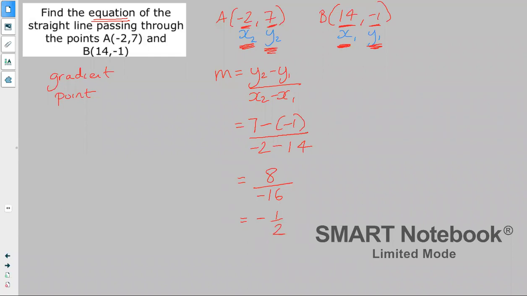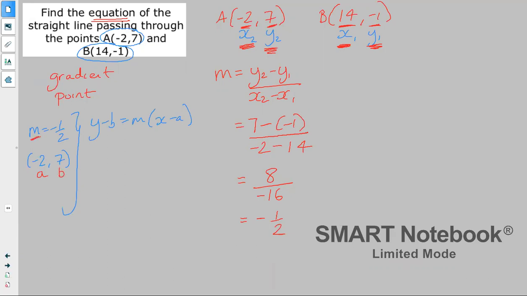Okay, so you're going to use your gradient of -1/2 and one of these points. Doesn't matter which one you use. I'm going to choose to use (-2, 7). And you're going to sub it into your y minus b equals m bracket x minus a. Remember, with your coordinate, your point, this is your a and this is your b.